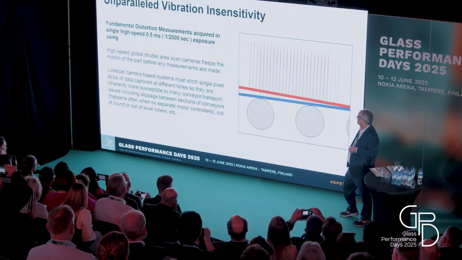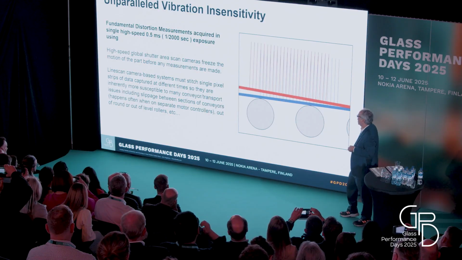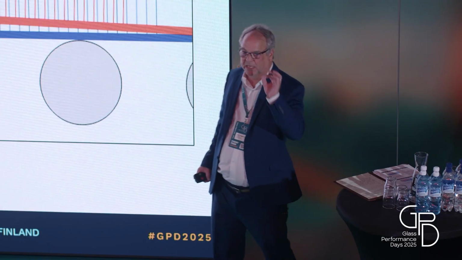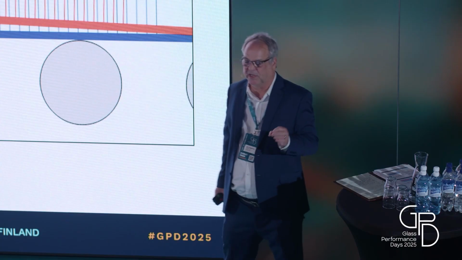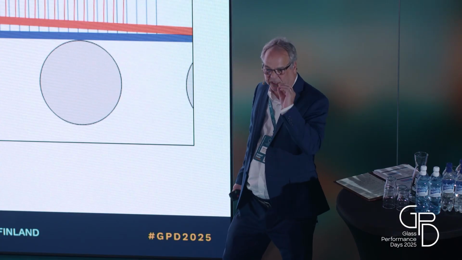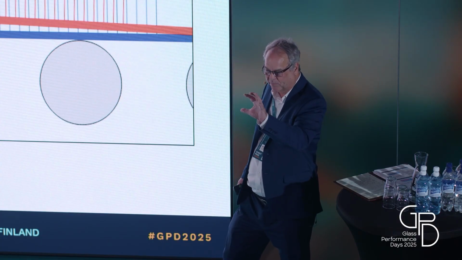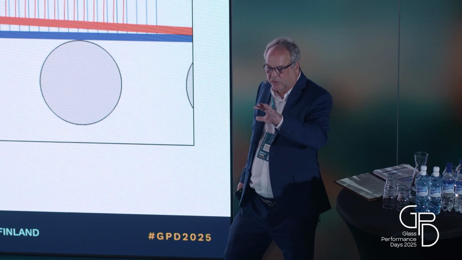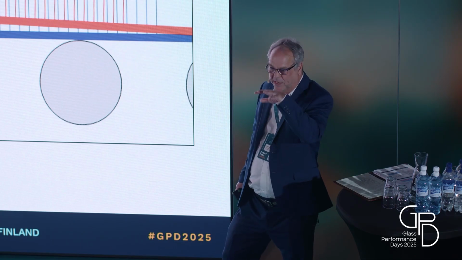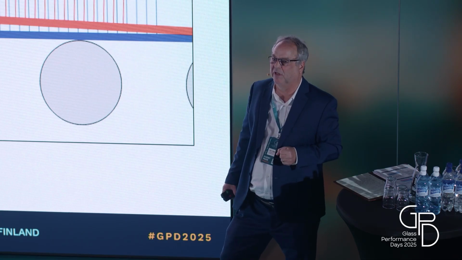Also, our system, the Light Center Osprey, uses global shutter cameras. They take a snapshot in 0.5 milliseconds, so in 1/2000th of a second, they capture the glass in one place, so there's no stitching going on, and all the measurements are made with a clear snapshot of the glass.